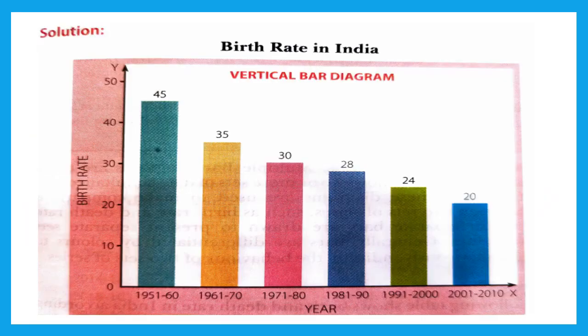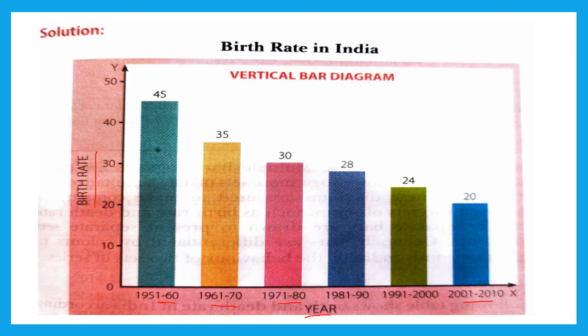See, on x-axis we have taken year and on y-axis we have taken birth rate. So we have taken years like 1951 to 60, 1961 to 70, 1971 to 80, similarly so on up to 2001 to 2010.